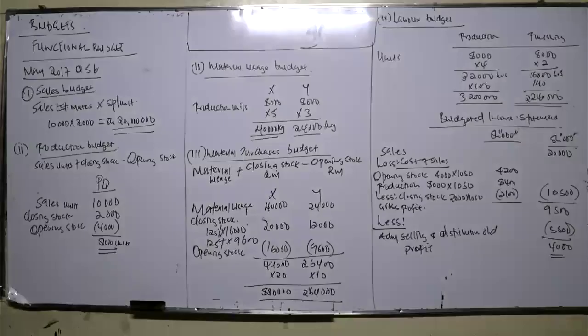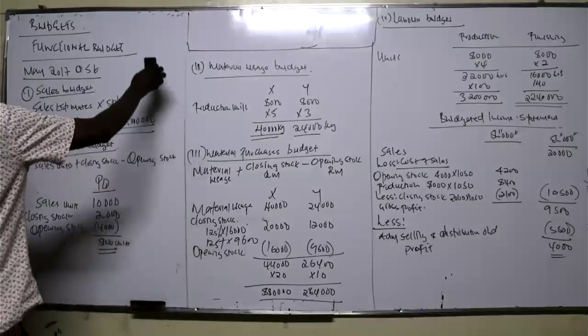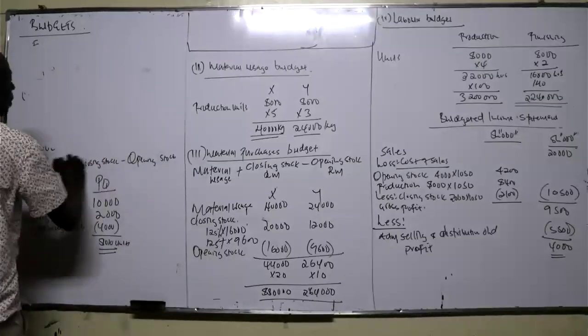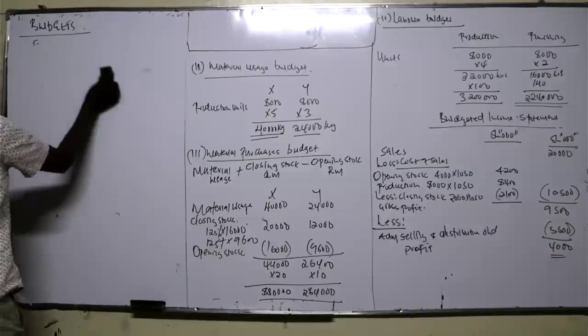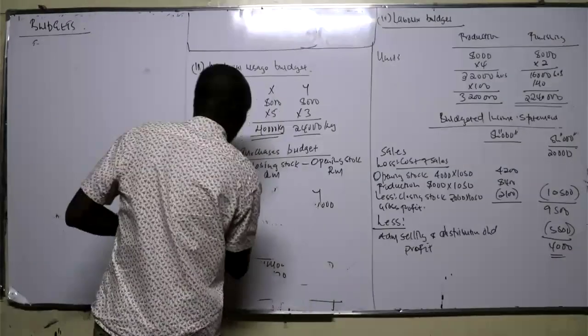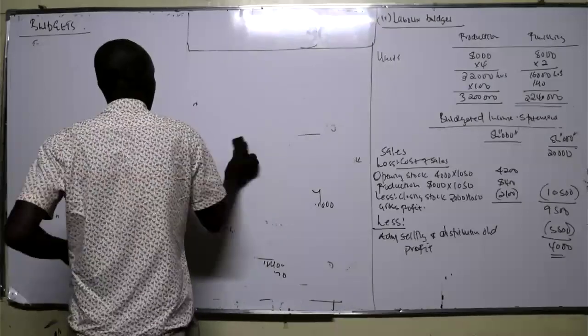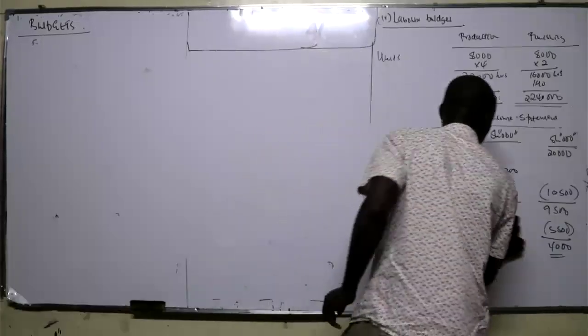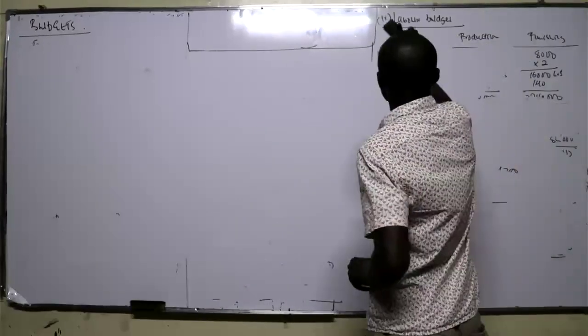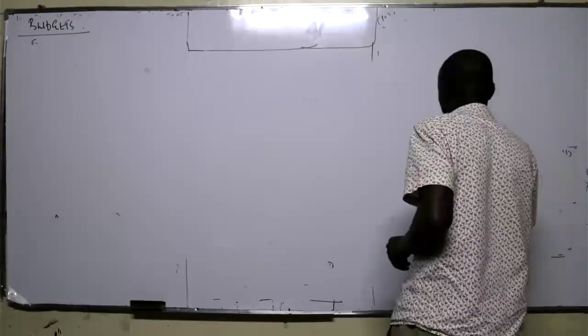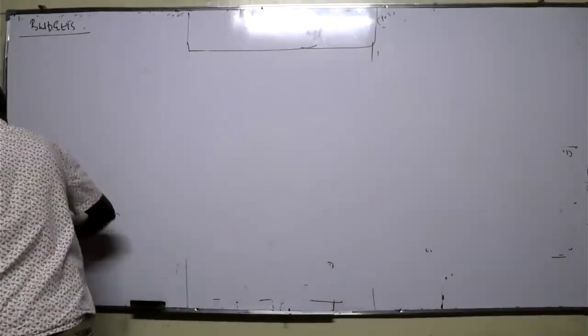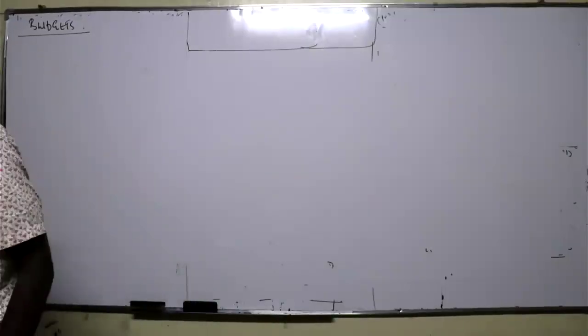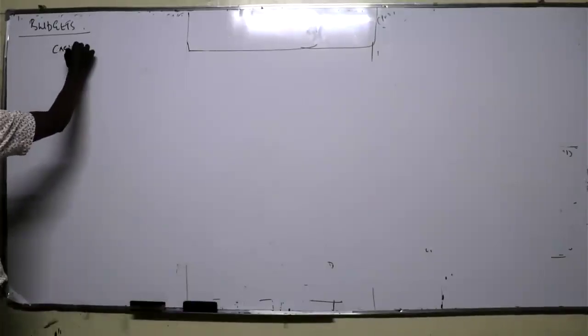So we're going to do now the next budget. We call it cash budget. So we're going to write here cash budget.